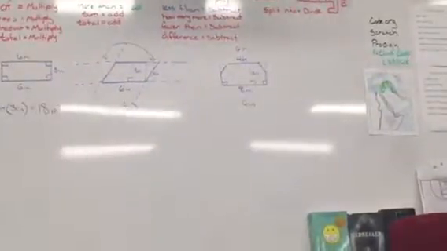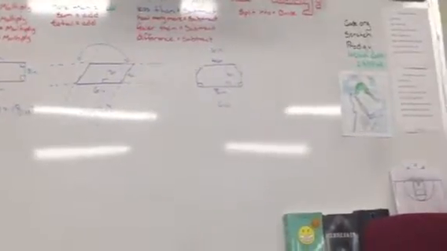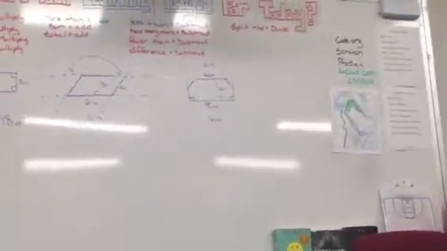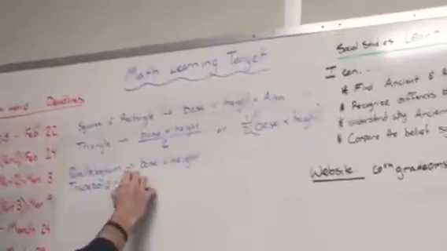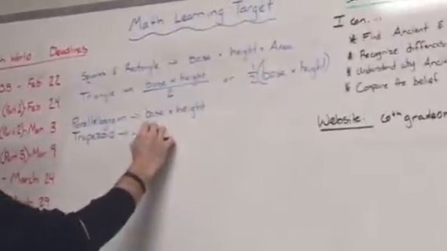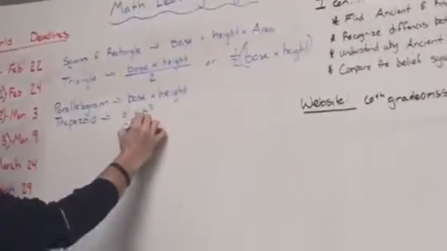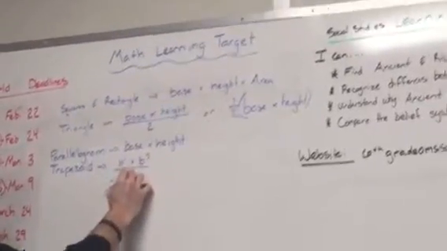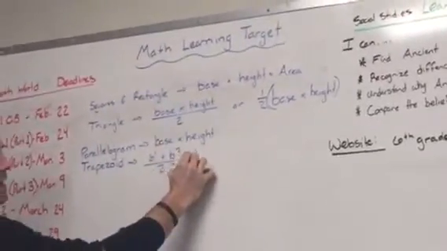I'm going to write it over here so I don't do it again. So we have trapezoid. Base 1 plus base 2 times half. But I'm going to change that up a little bit. I like to go with this one. Base 1 plus base 2 divided by 2 times the height.